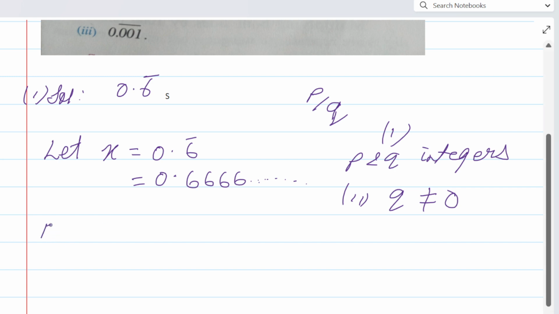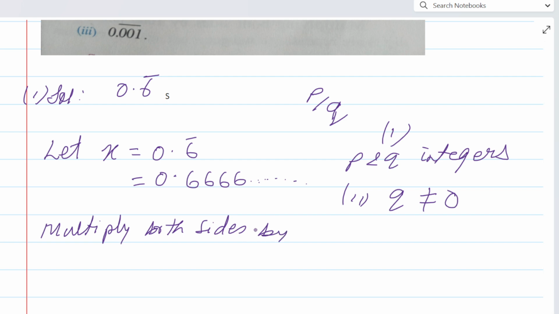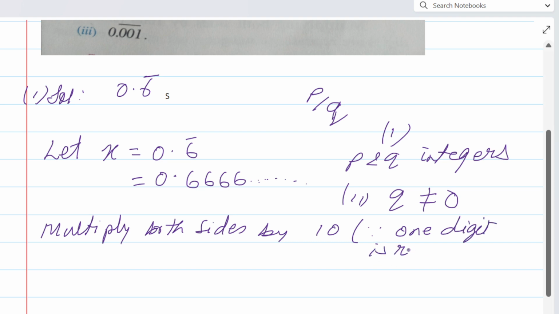So multiply both sides by 10. Why? Since one digit is repeating after the decimal point.